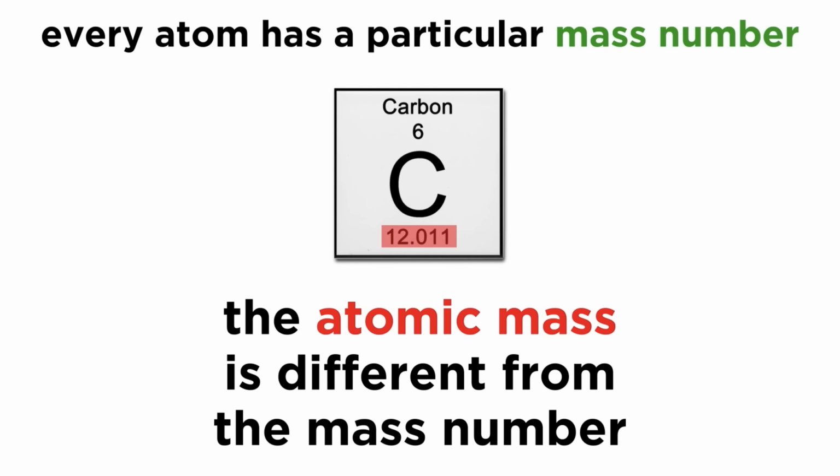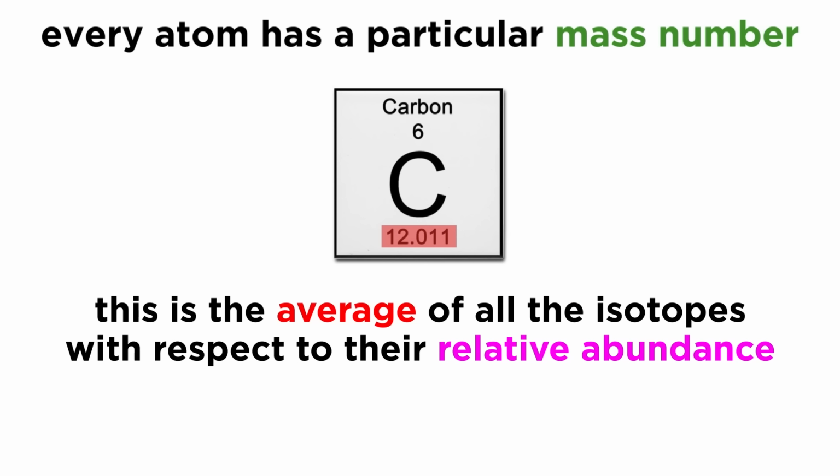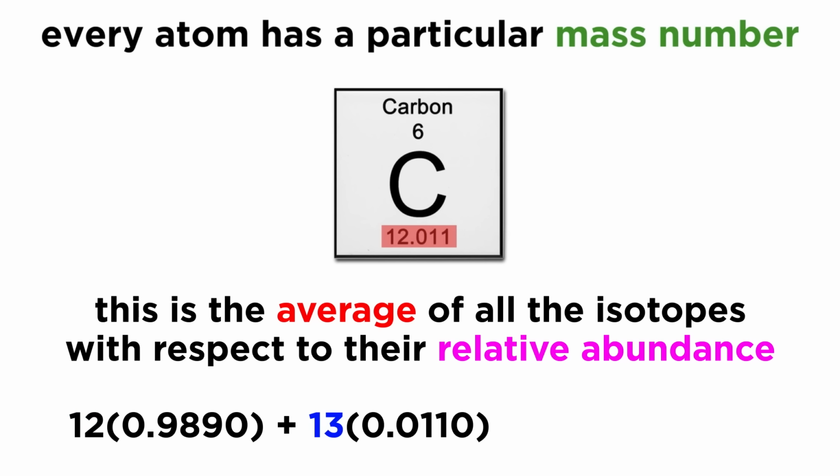The atomic mass of an element, which is the other number on each block of the periodic table, is the average of all the naturally occurring isotopes of that element with respect to their relative abundance. So it's essentially the average mass of an atom of that element. Most carbon is carbon-12, with a little bit of carbon-13 and trace amounts of carbon-14.